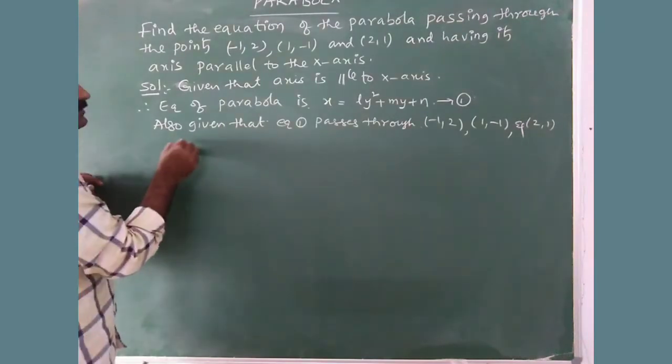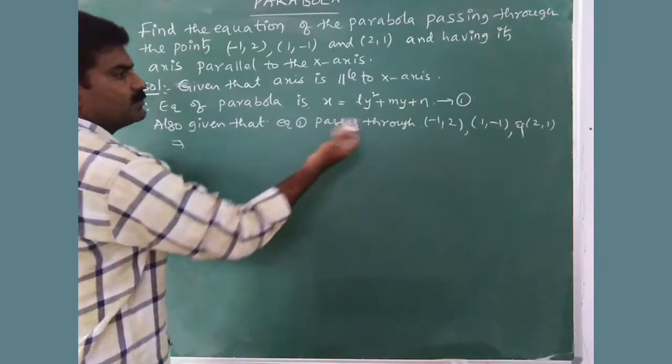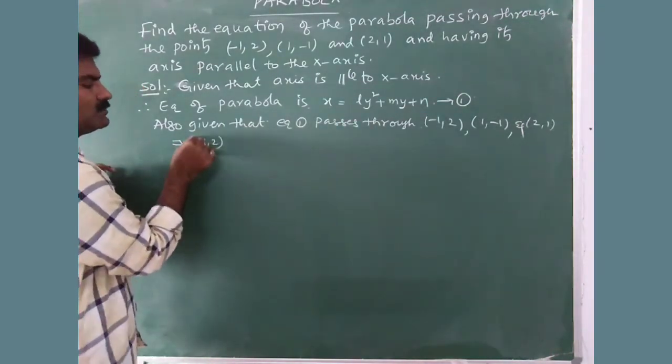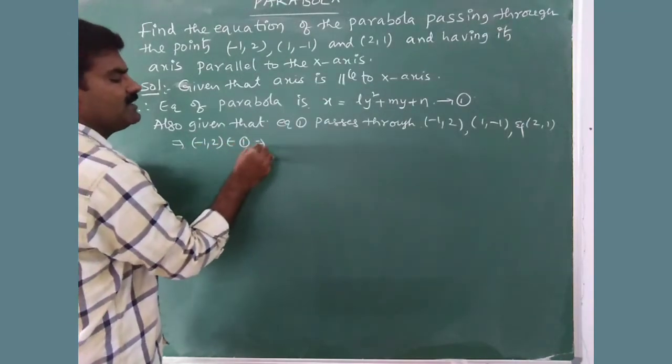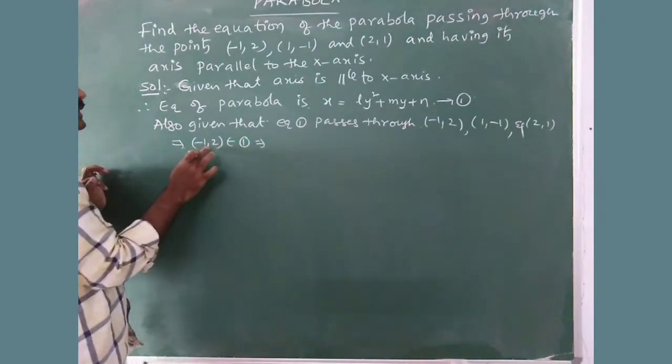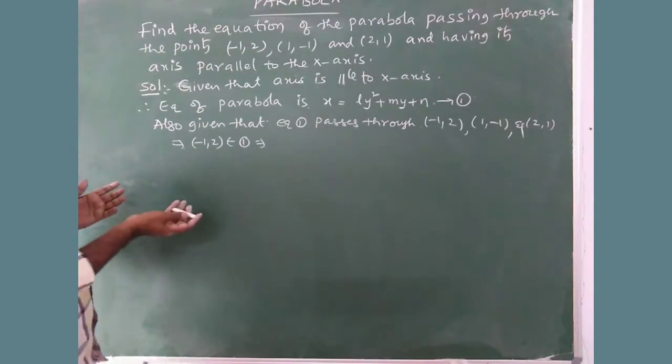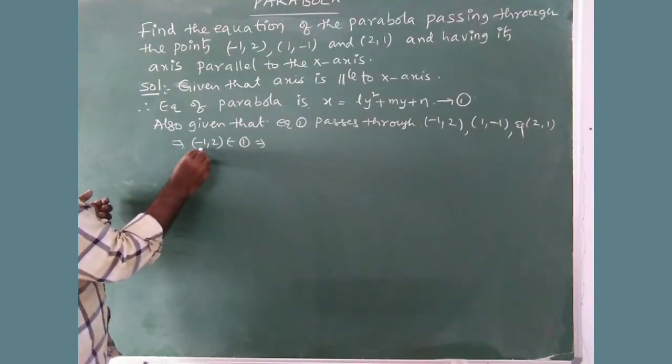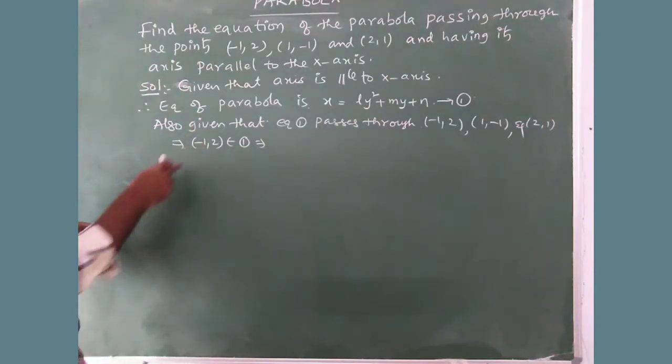So that implies the first point (-1, 2) belongs to 1. I mean equation 1 passes through this point. Then you just need to substitute -1 in the place of x and 2 in the place of y.